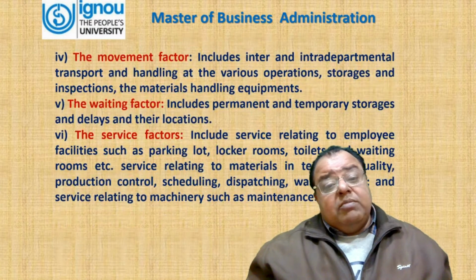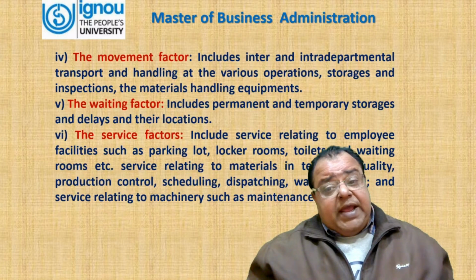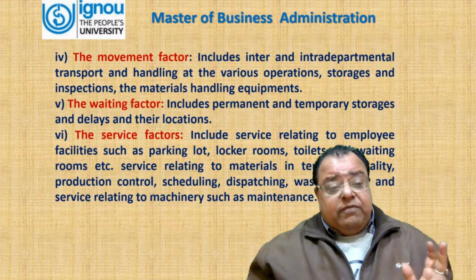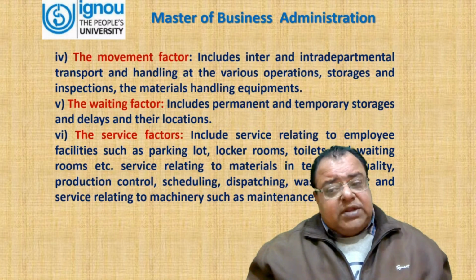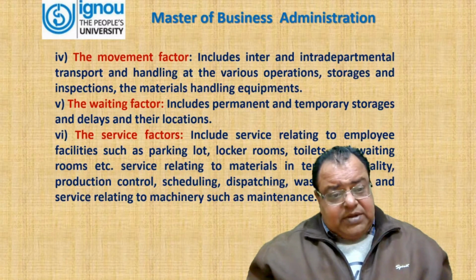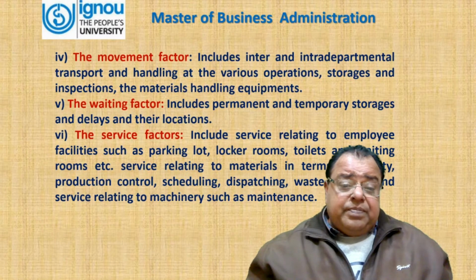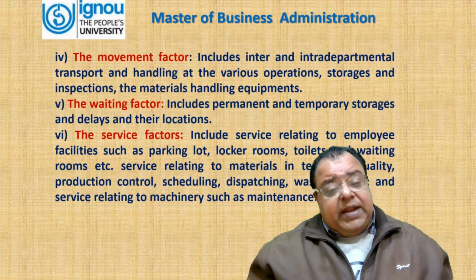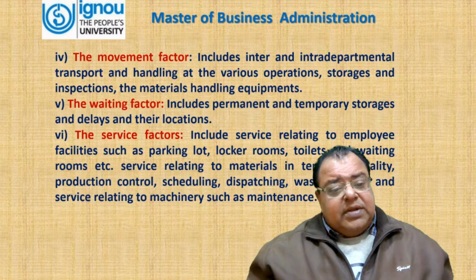Next one is the movement factor, which includes inter and intra-departmental transport and handling at various operations, storages, and inspection, and the material handling equipment. The waiting factor includes permanent and temporary storages and delays and their locations.